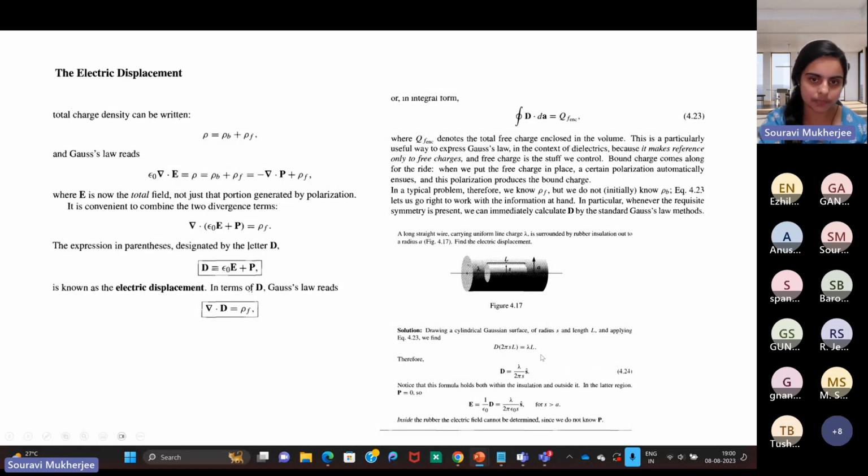If you compare, what do you get? D equal to lambda by 2 pi S, in the S cap direction.